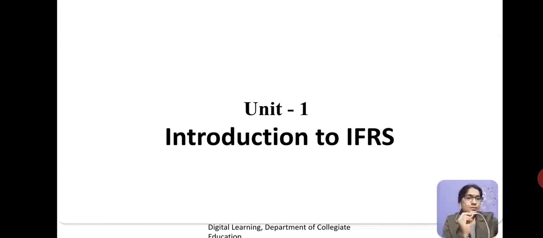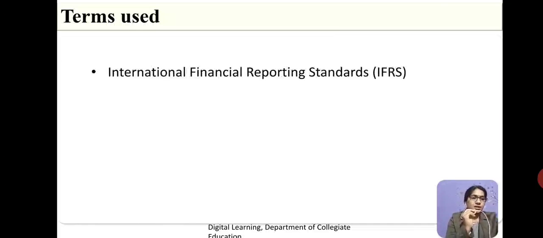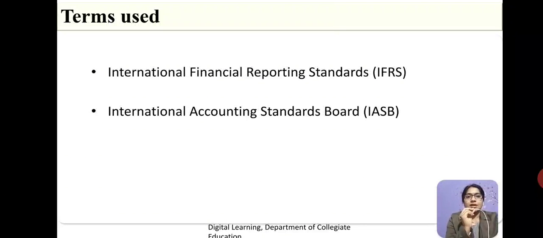So here we are talking about Unit 1. So in this we have Introduction to IFRS. So here I'll be using some technical terms as I have already spoken about International Financial Reporting Standards. Here onwards I'll be calling it as IFRS. Then we have something called as International Accounting Standards Board.